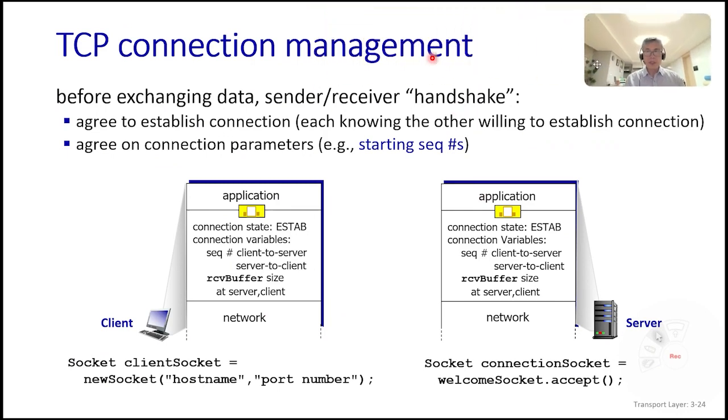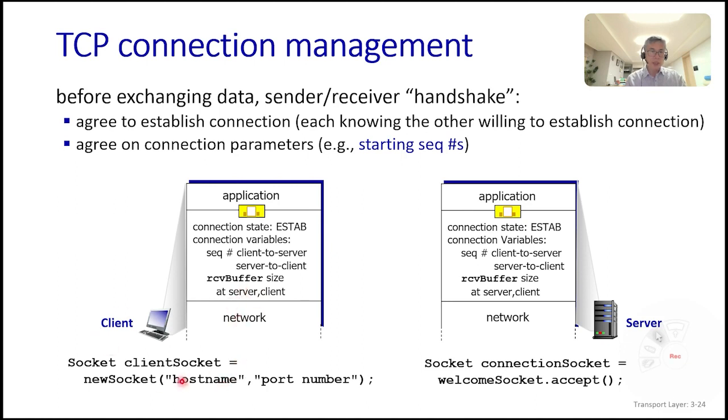Next topic is TCP connection management, like three-way handshaking and also tearing down a connection. So the TCP connection is established. This is the client, this is the server, right? It has some state information because TCP uses a state transition diagram. The connection state is currently established, and the connection variables include sequence number, receiver buffer size, and so on.